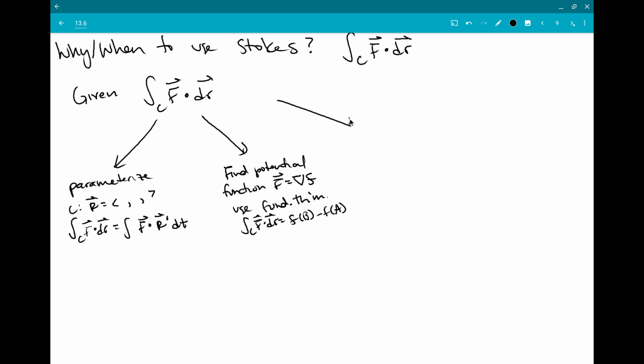And what we've done here is we've introduced a third way, where we use Stokes to convert to a surface integral of the curl.